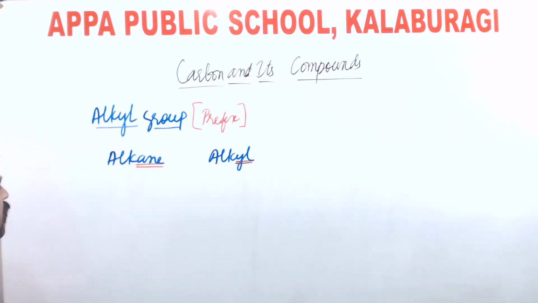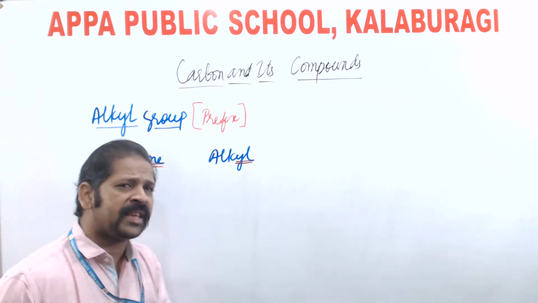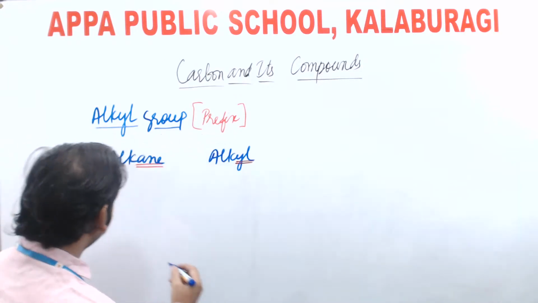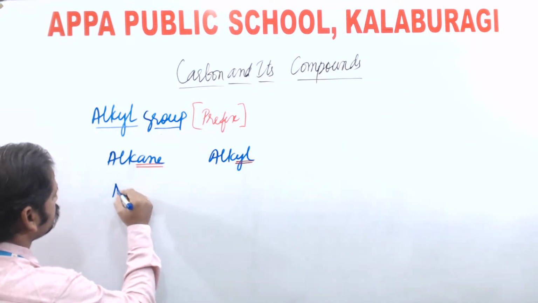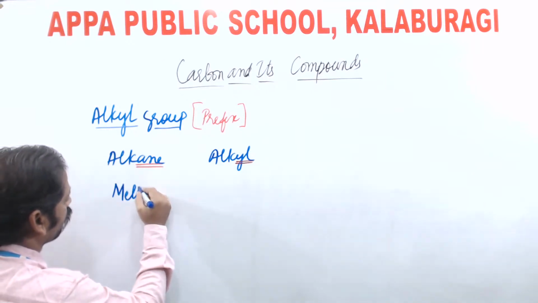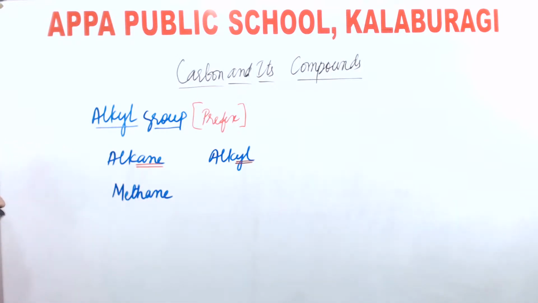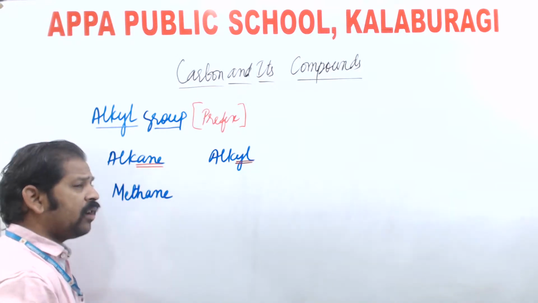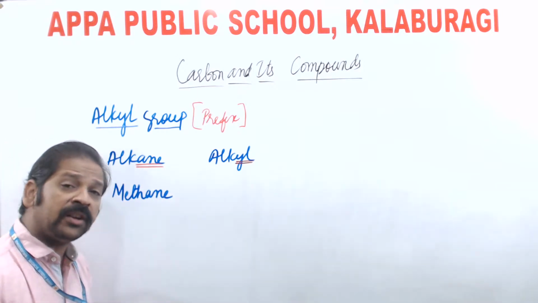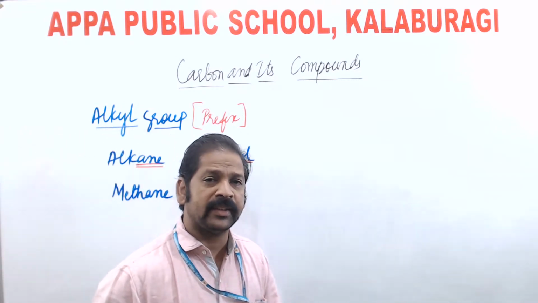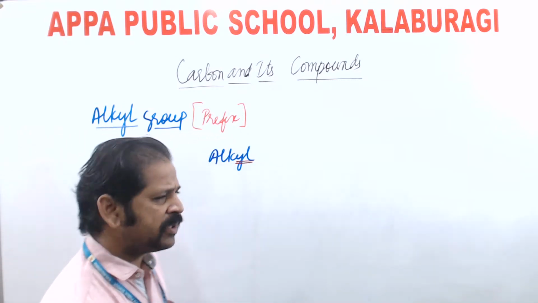Alkane, the first chemical is methane. The first chemical of alkane is methane. The first chemical of alkyl, the first functional group, automatically the word has been changed.